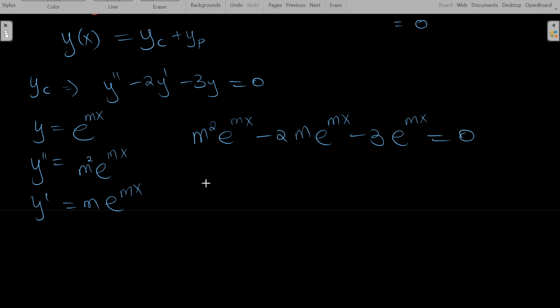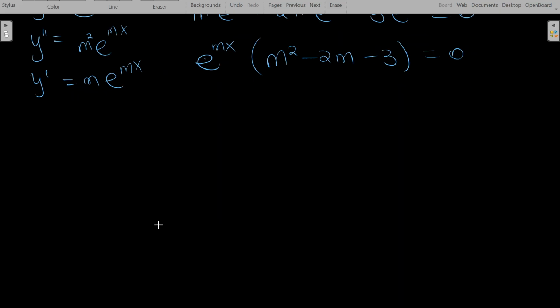Pulling out e raised to mx, m squared minus 2m minus 3 should give me 0. This method will be long, but we can just do it. So my auxiliary equation is m squared minus 2m minus 3 equals 0.